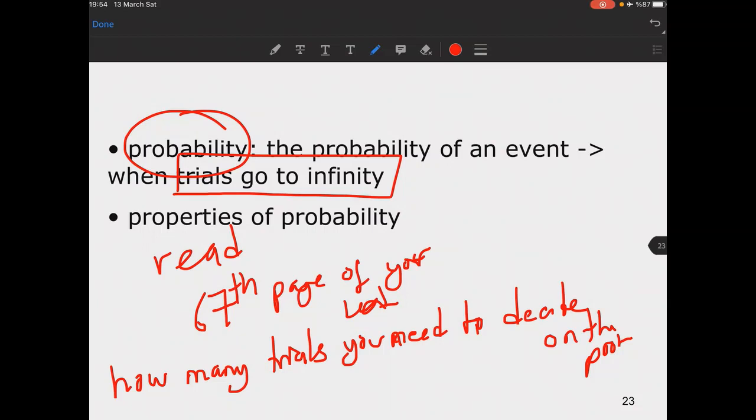Or whether that coin is a healthy coin or an unbiased coin or not.